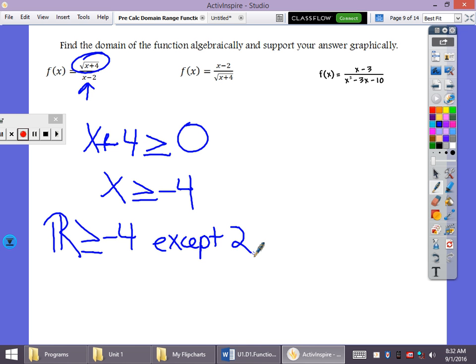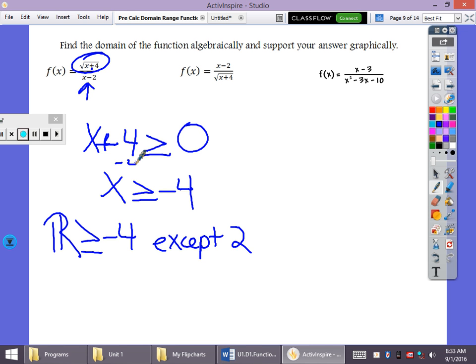Good? No. What are we confused about? Ask your question, Asia. Okay, so we had 2 restrictions. Restriction number 1 is under a square root. It has to be a positive number. That's why I set this equation, because of the radical, greater than or equal to 0, because that means it's positive.